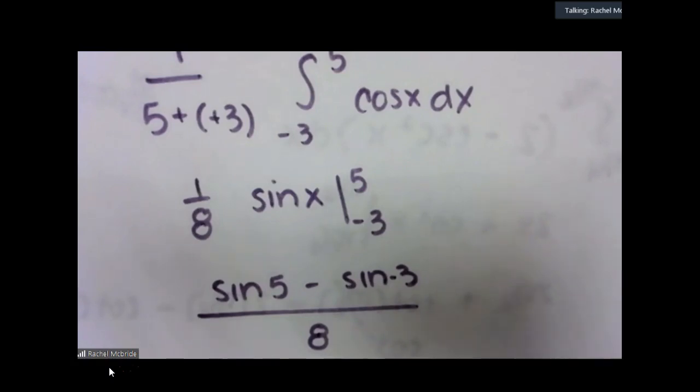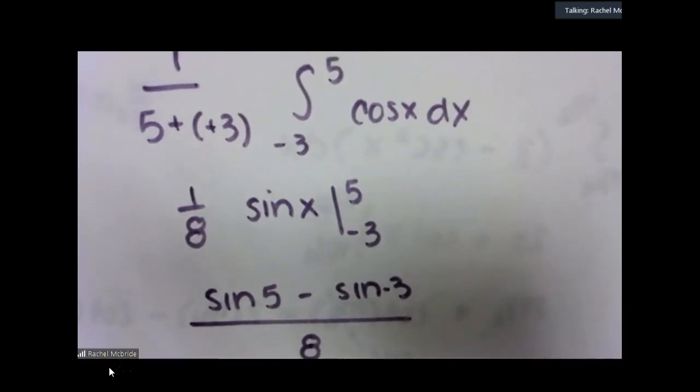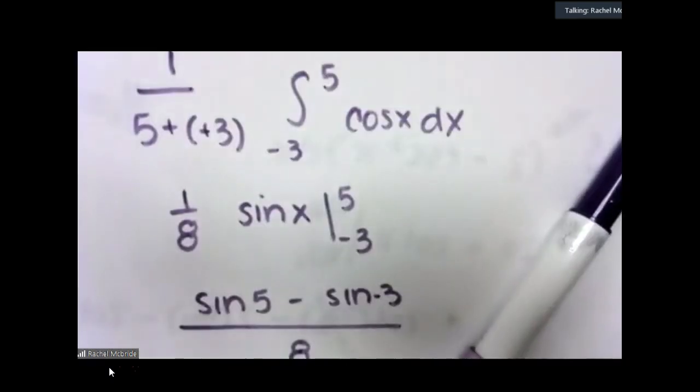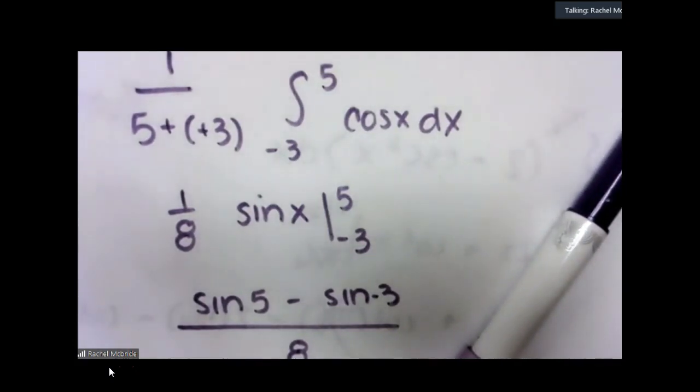So, sine, let me see if I can show you. It's that sine's like an odd function. I'm trying to pull up just a graph of sine so you can see it.